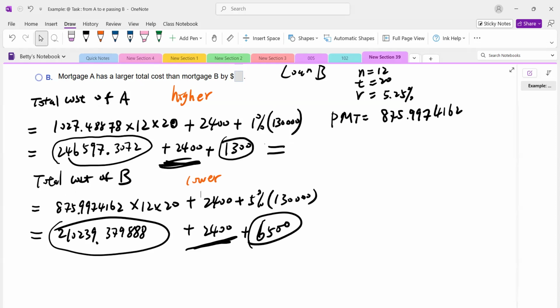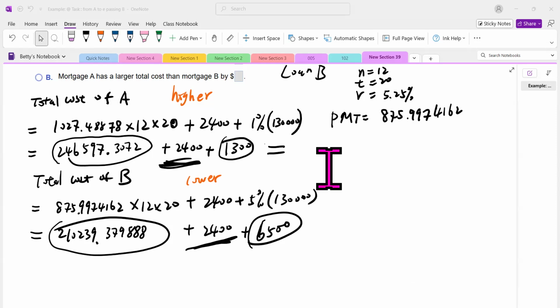We can do that on a scientific calculator. 246,597.3072 plus 1,300, minus 6,500, and then minus $210,239.379888.